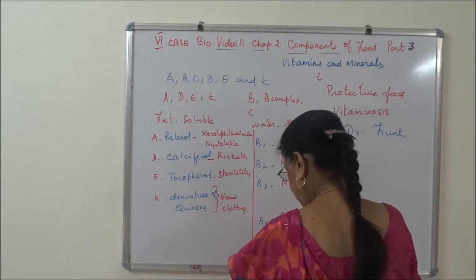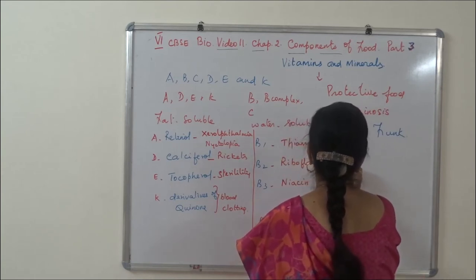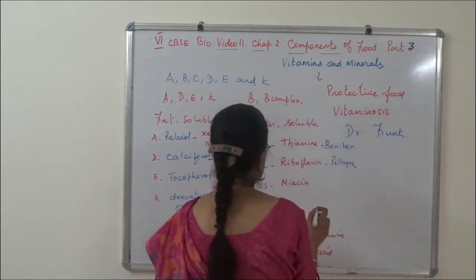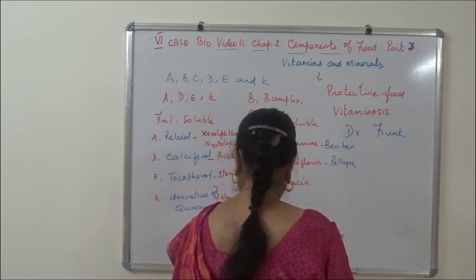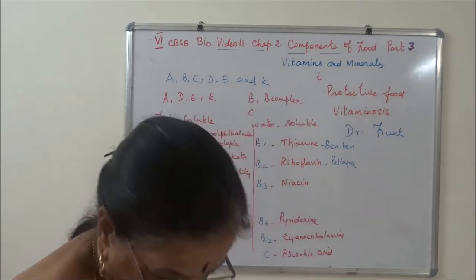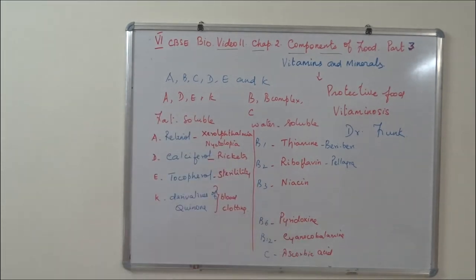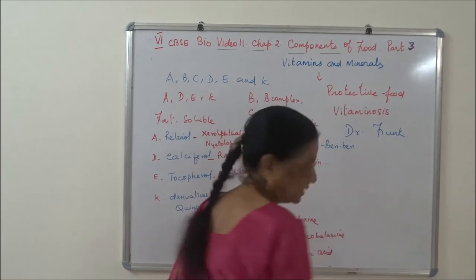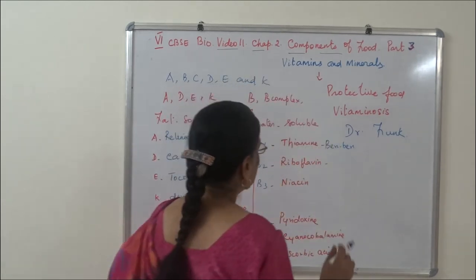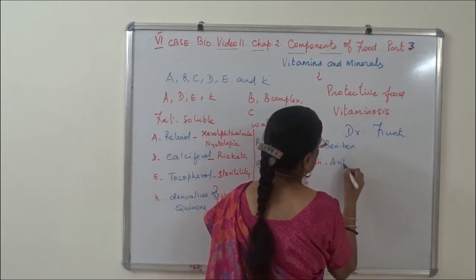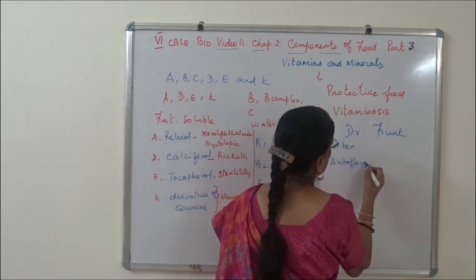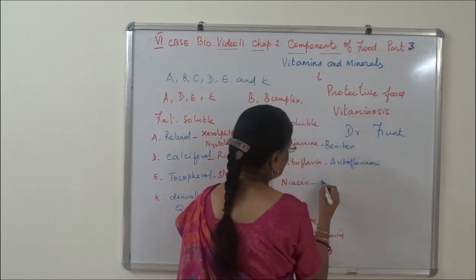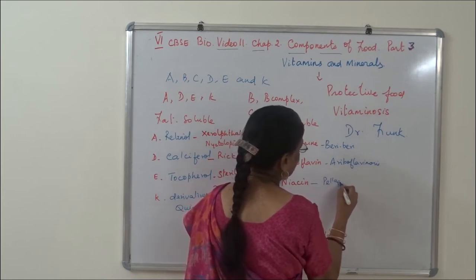And then riboflavin causes riboflavinosis, that condition is called riboflavinosis. And niacin causes pellagra.